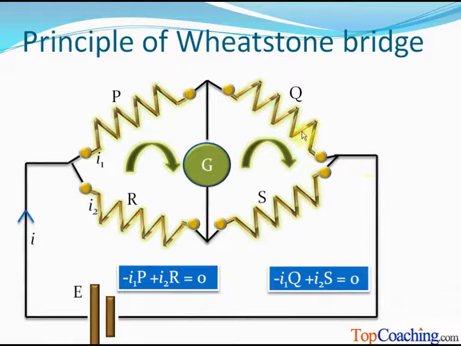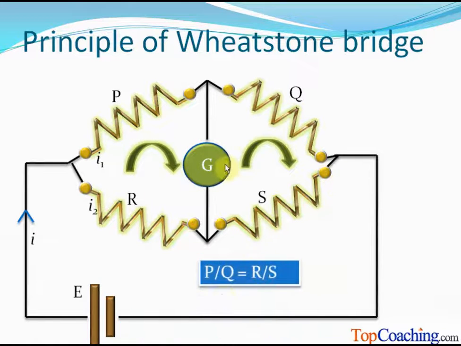When we do that, we can again write minus I1 into Q plus I2 into S is 0. Again, I've used the same currents, I1 and I2, because I1 continues undeviated like this. After all, the galvanometer deflection is 0. Similarly, I2 continues undeviated across the resistance R, because again, the galvanometer deflection is 0.